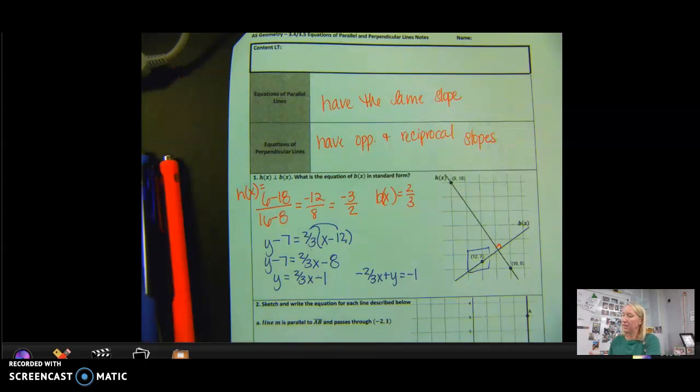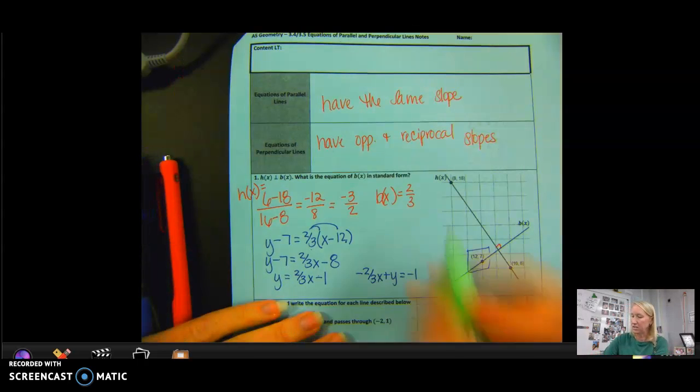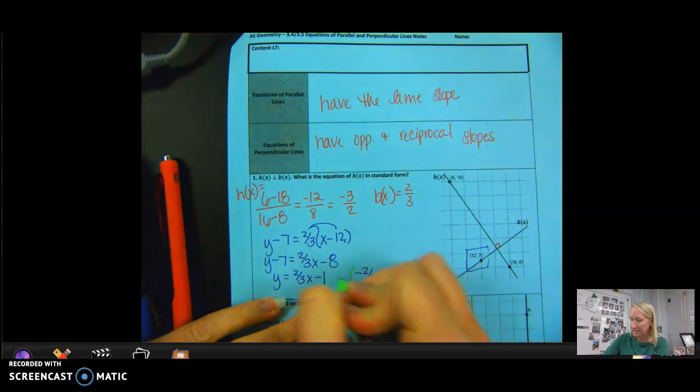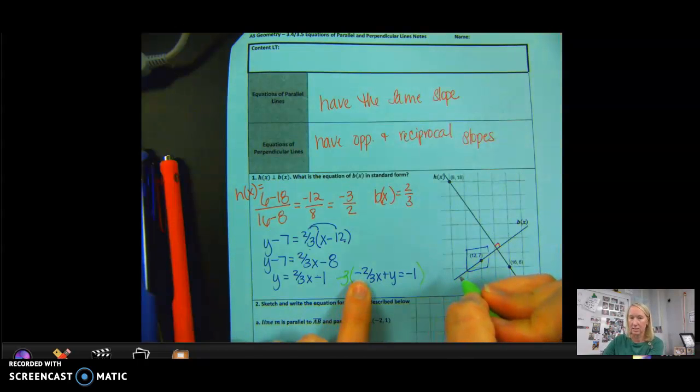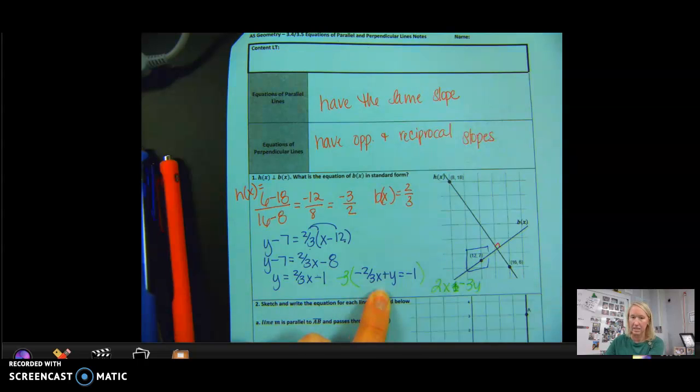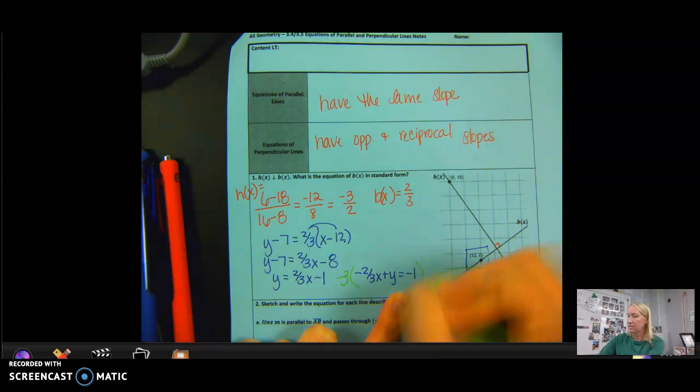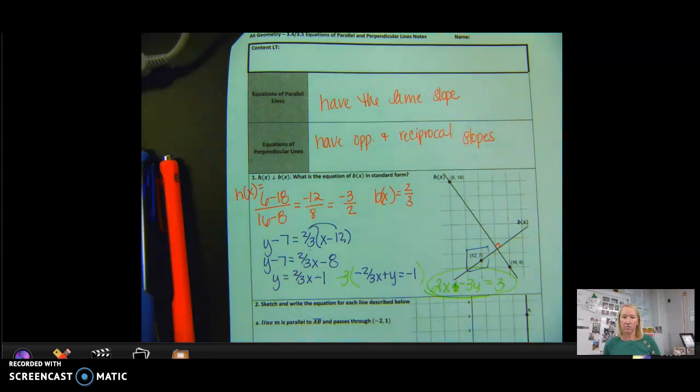So we can never have a negative or a fraction. So we are going to multiply this by a negative 3 to get rid of that fraction and to get rid of that negative. So a negative times a negative is a positive. 3 times 2 is 6. 6 divided by 3 is 2. So I get 2x plus negative 3y. So I should have just done minus 3y, right? Equals, and it's okay for my b value, or the number in front of y, to be negative. That's fine. It just can't be your a value. And the negative 3 times negative 1 is a positive 3. So there it is in standard form.